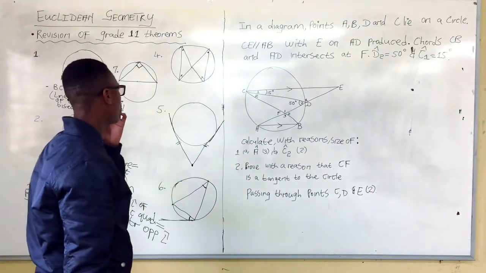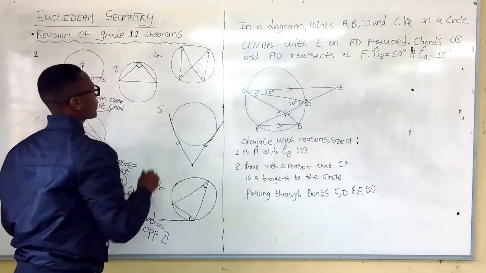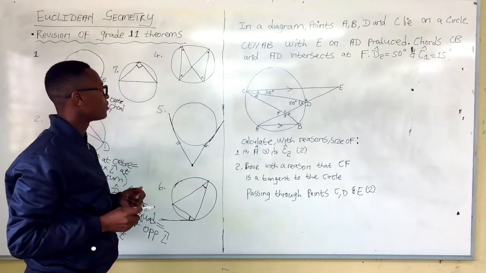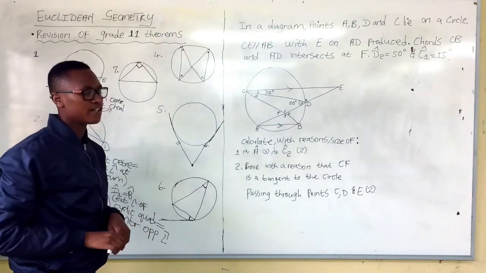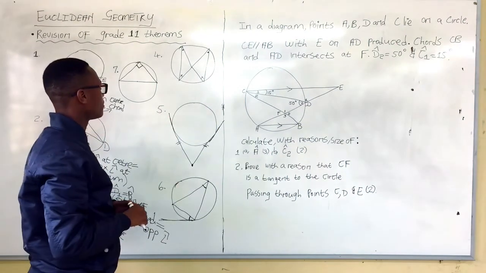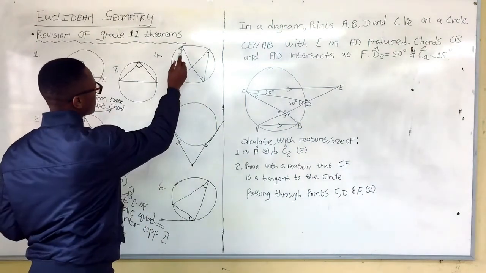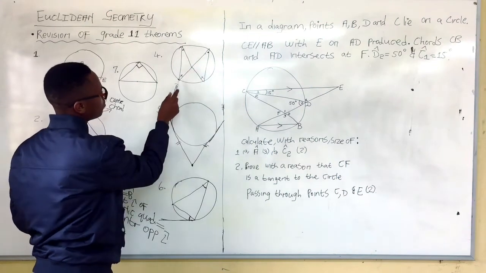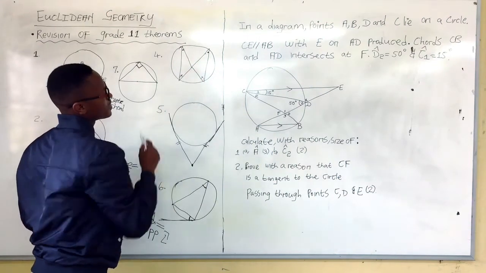And then we move to another theorem. We have this theorem that talks about angles on the same segment. We have these two angles, they are on the same segment, and the other two are also on the same segment.